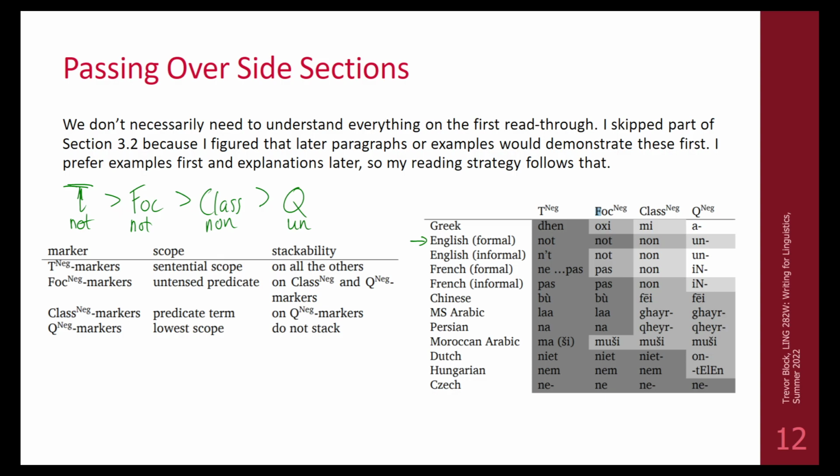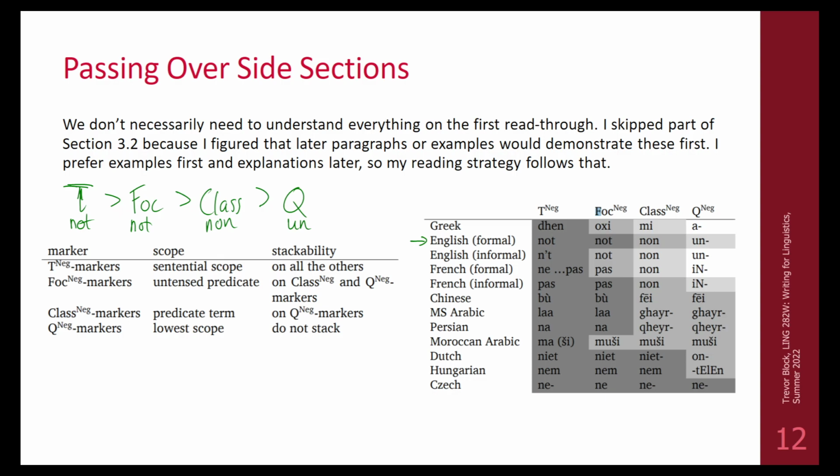This isn't necessarily the clearest of all sections, especially with all these new markers. If you're reading this for the very first time, it's a bit of a, oh wow, what does scope and stackability mean? So at first, I just skipped through this section. I barely skimmed through it. I just looked at the diagrams and tables to see what I could get out of it.